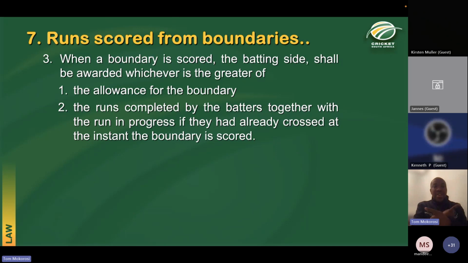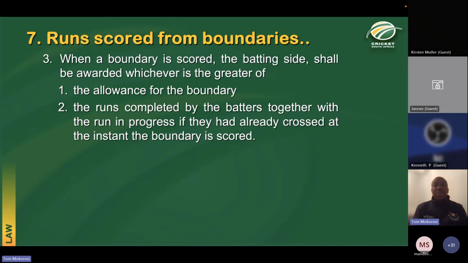If they have run 3 and then the ball crosses the boundary, the greater of the allowance for the boundary and the runs completed is the boundary 4. So we will award only boundary 4. We won't award 4 plus the 3 that they've run, we will only allow boundary 4.